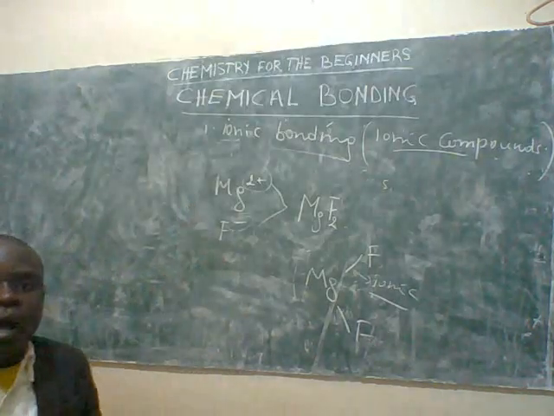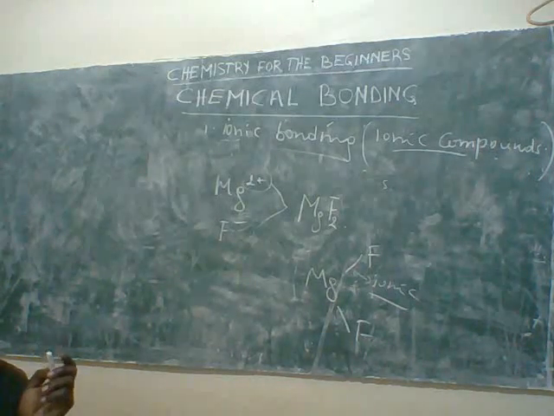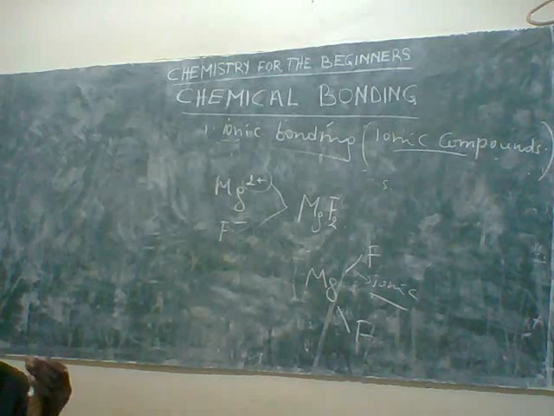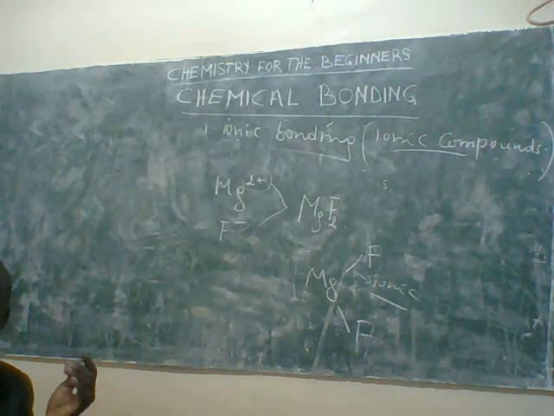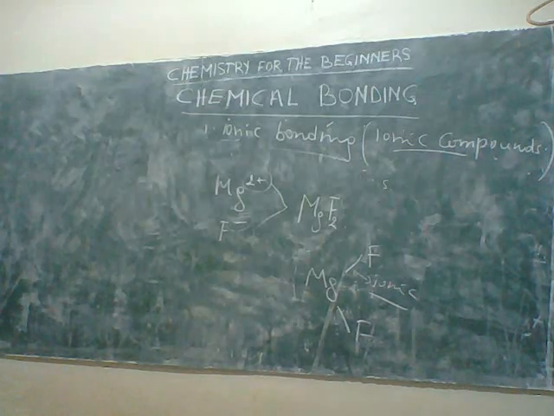But when we see a chemical bonding and we want to verify if it is ionic, we say that it involves the transfer of one or more electrons from one atom to another.